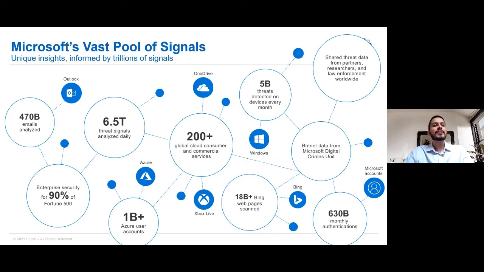This is how they describe the way they synthesize vast amounts of data from a huge variety of sources. If you see on my screen, right from Azure, Outlook, OneDrive, Xbox, this telemetry helps understand the full spectrum of attacks and the sophisticated and various methods used by the attackers, which is difficult to match with any other security service provider in this space.